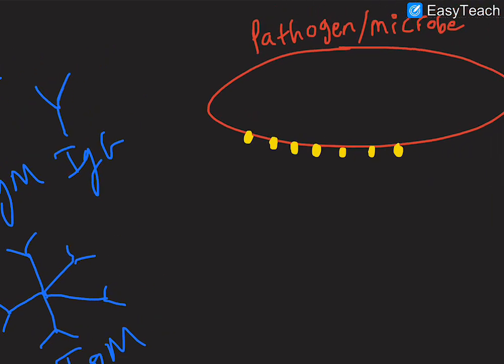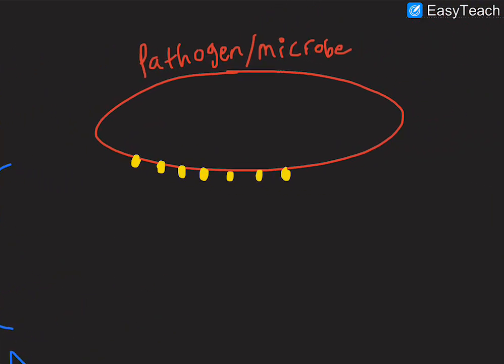So let's start talking about the classical pathway. Let's say we have a microbe here, some sort of pathogen that has antigens on its cell surface. We're going to get an antibody that's going to bind. It can be IgG or IgM.